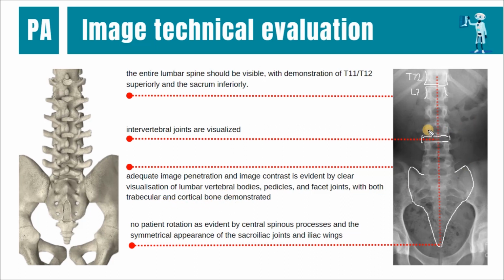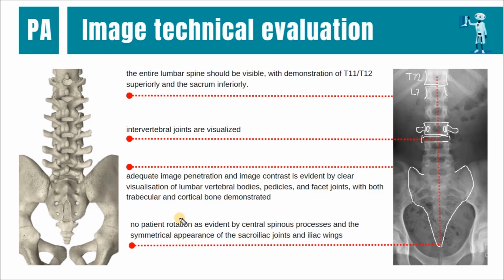You can clearly see the bodies, the pedicles, and also the transverse processes. Sometimes bowel gas and fecal material may overlap the transverse processes. But in the AP projection, we're not going to evaluate the transverse processes. They are mostly evaluated in the lateral projection.